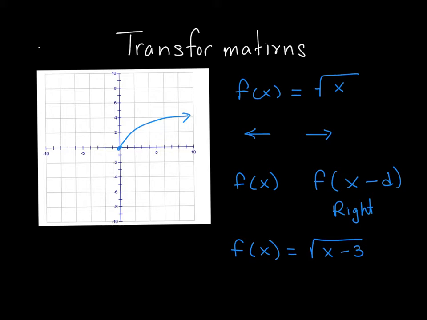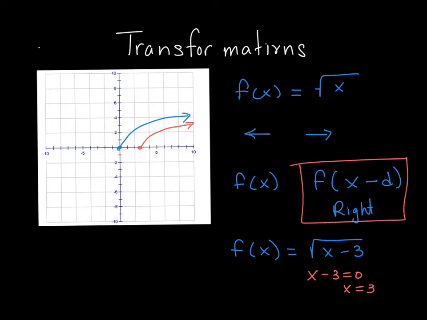So think about this as finding where the x-intercept is. Where does x minus 3 equal 0? That happens at 3. So that's why this gets moved over here. That subtraction sign actually moves this function over to the right.